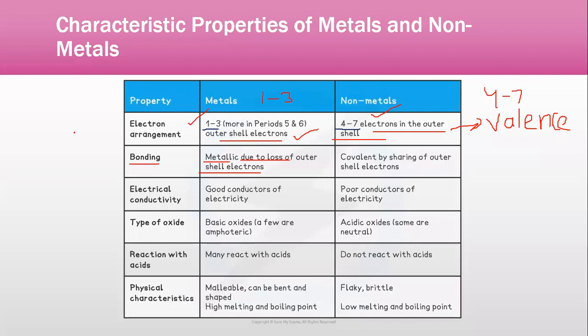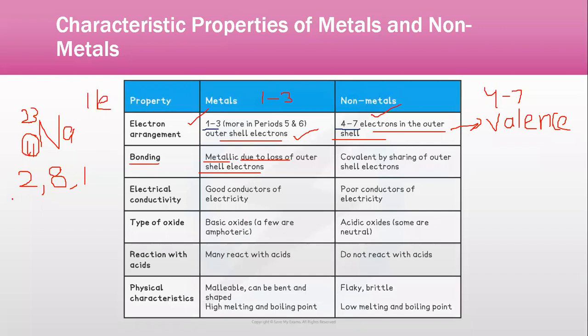For example, if I have a metal, sodium, the electronic configuration of sodium is 2, 8, 1, because the proton number of sodium is 11, mass number 23. 11 protons means it has 11 electrons. Now sodium has a proton number of 11, which means it has 11 electrons.